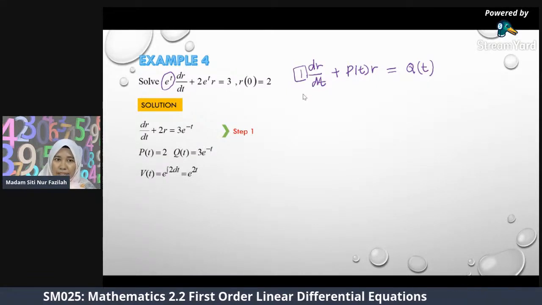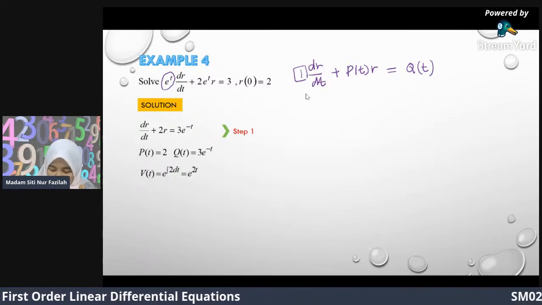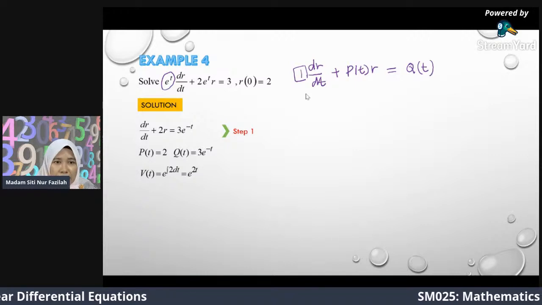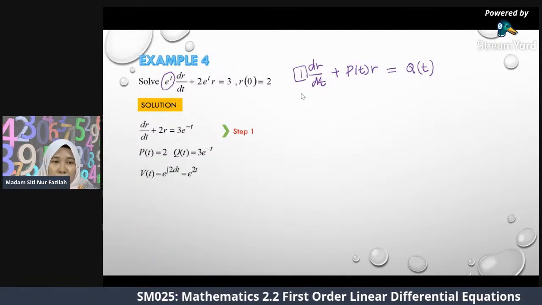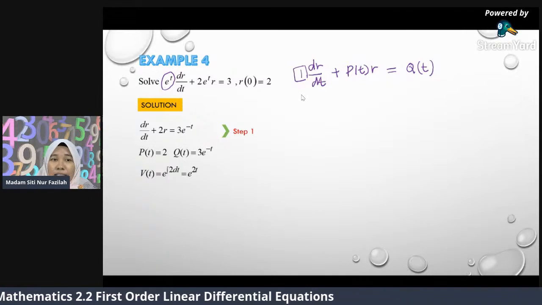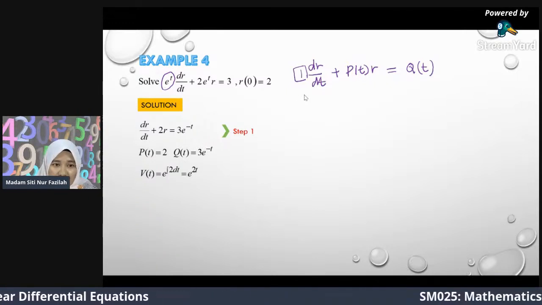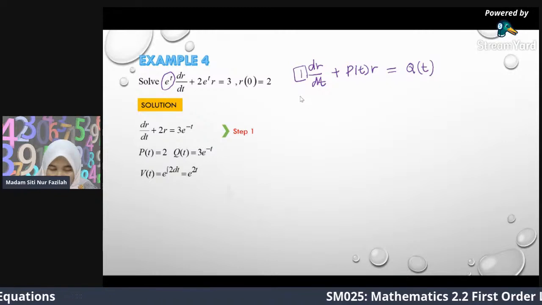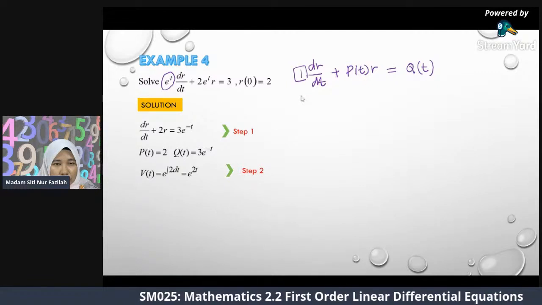Next, we find the integrating factor v(t). The integrating factor is v(t) = e^(integral of 2 dt), and the answer is e^(2t). We cannot simplify, we just let the answer be e^(2t) as the function v(t). This is step 2.